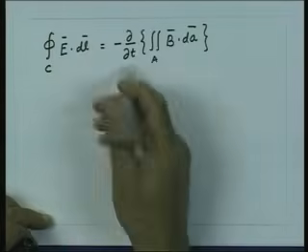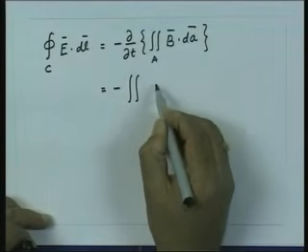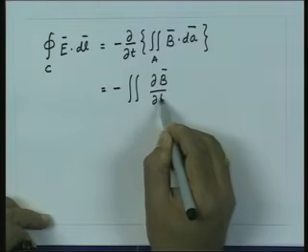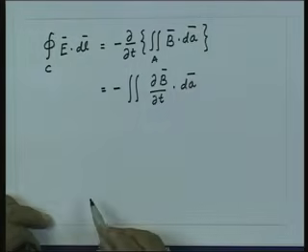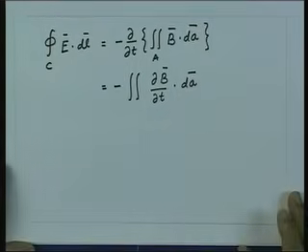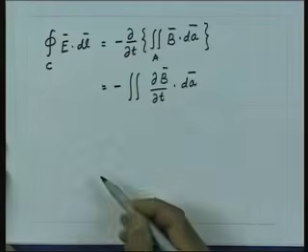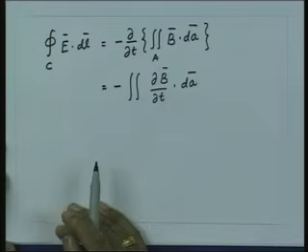So, I can write down in this case, this is minus integral dB by dt dot dA. Once we do this, then as we did in the previous case, again I can apply the Stokes theorem, to convert this integral into the surface integral.